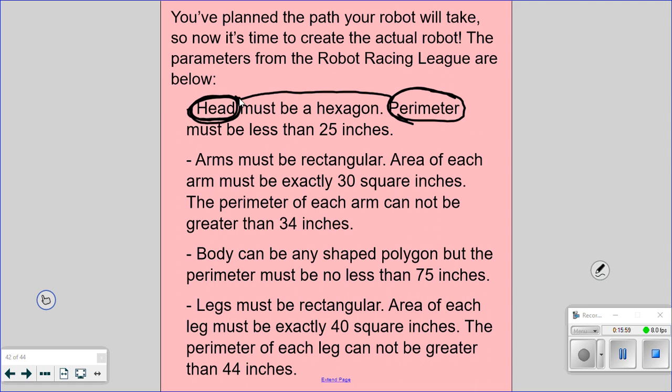Put a box around arms. Arms are trickier. The second bullet: put a big rectangle around that second sentence that says each arm must be exactly 30 square inches.